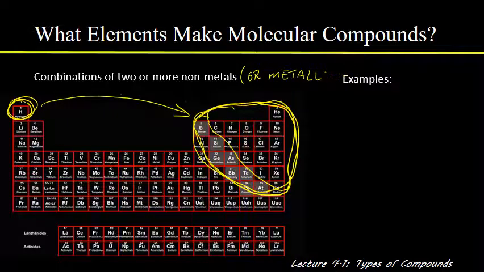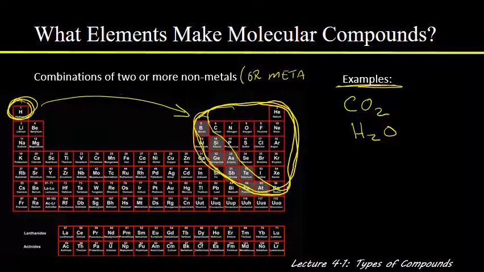Some examples of things you might be familiar with: carbon dioxide, which people talk about a lot in terms of the atmosphere and global warming. Water is a simple one; water is a molecular or covalent compound. If we made a compound with phosphorus and chlorine, phosphorus trichloride, that would be a covalent molecular compound.